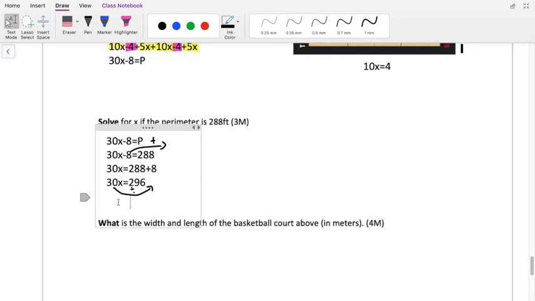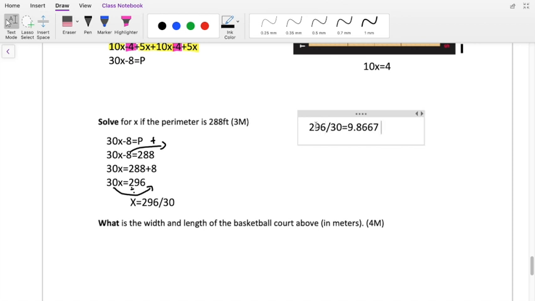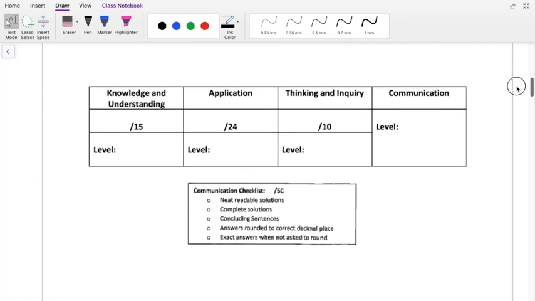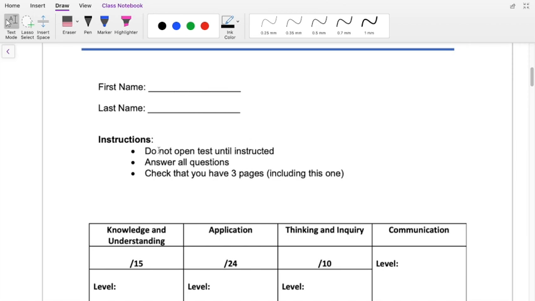So x equals 296 divided by 30. Let's just do that over here, a little calculation. 296 divided by 30 equals 9.9. Let's say x equals 9.9. Hopefully it says... oh, it doesn't say anything about rounding.